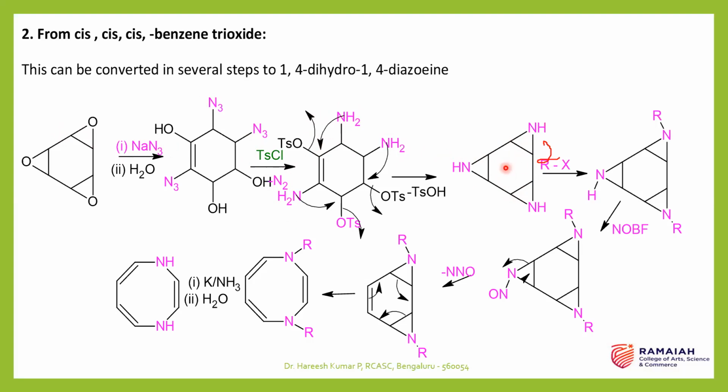And the obtained one, when it is treated with 2 molecules of alkyl halide, the 2 nitrogens get alkylated. Then when 2 nitrogens are alkylated and one NH is free, this is treated with nitrosonium tetrafluoroborate.